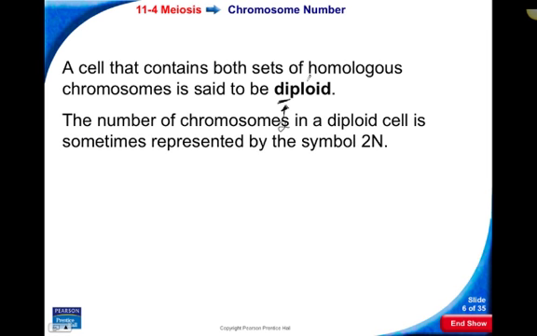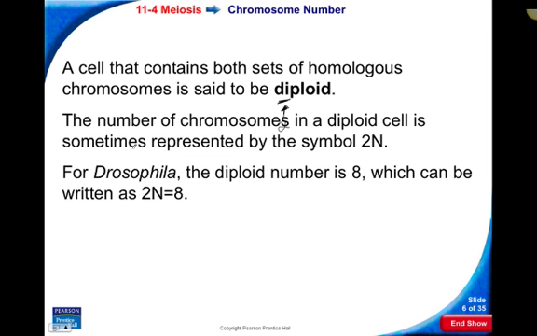The number of chromosomes in a diploid cell is sometimes represented by the symbol 2n because it's 2 times the minimum number of chromosomes that cell can have. For Drosophila, the diploid number is 8, which can be written as 2n equals 8. Humans have 46 chromosomes, so humans could be written as 2n equals 46.